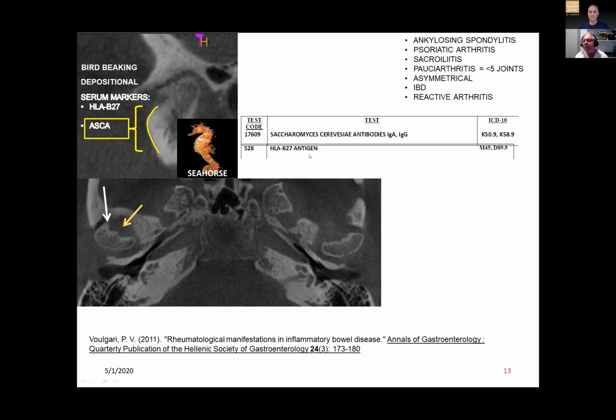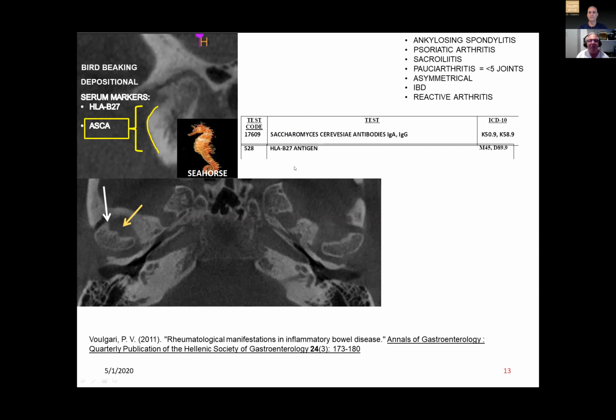Now, not everybody with HLA-B27 is going to have a disease. Only 14% of the people with HLA-B27 are going to be in the spondyloarthropathy category. But if they have a spondyloarthropathy category disease, 90% of them will have the HLA-B27.